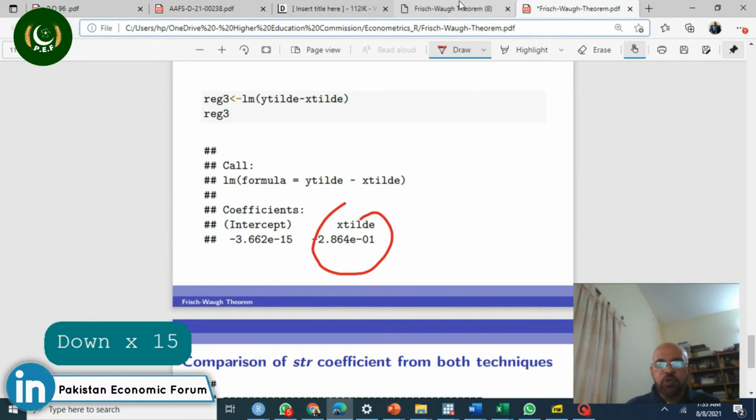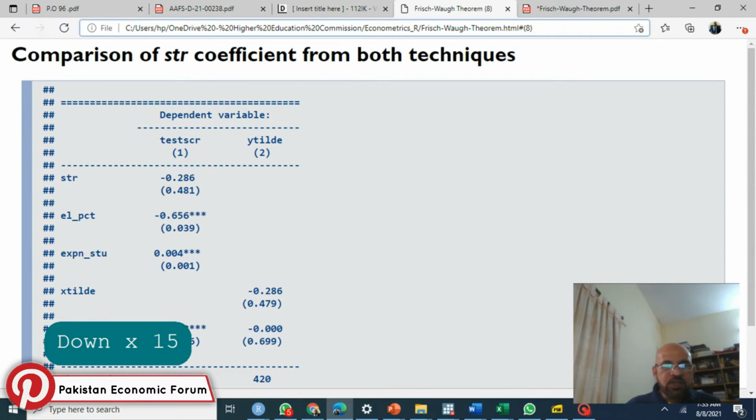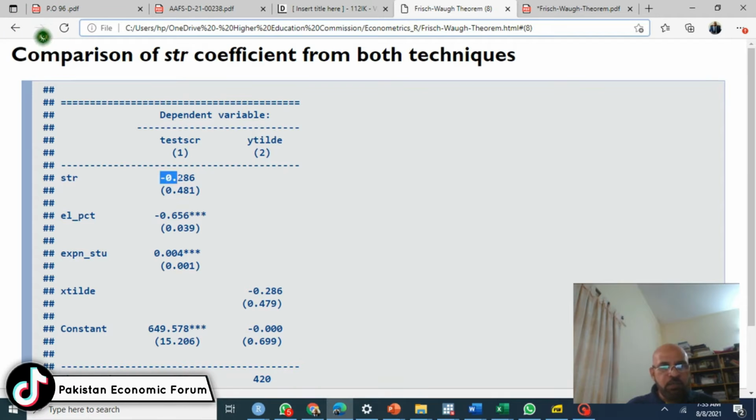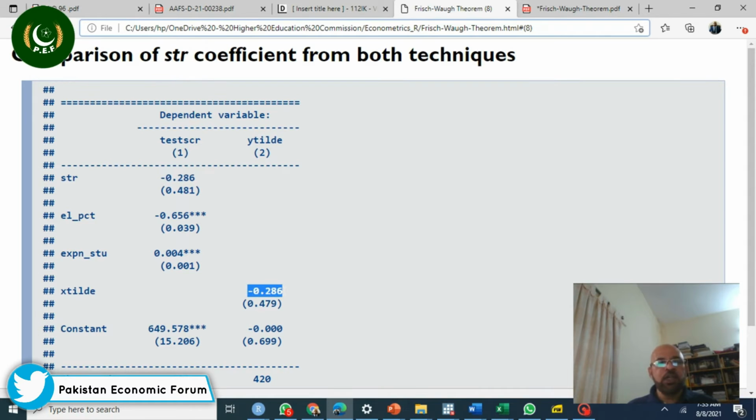When we regressed test score on student-teacher ratio, English learner percentage and expenditure per student, we had minus 0.286, and when we have done it this way, it is also minus 0.286.